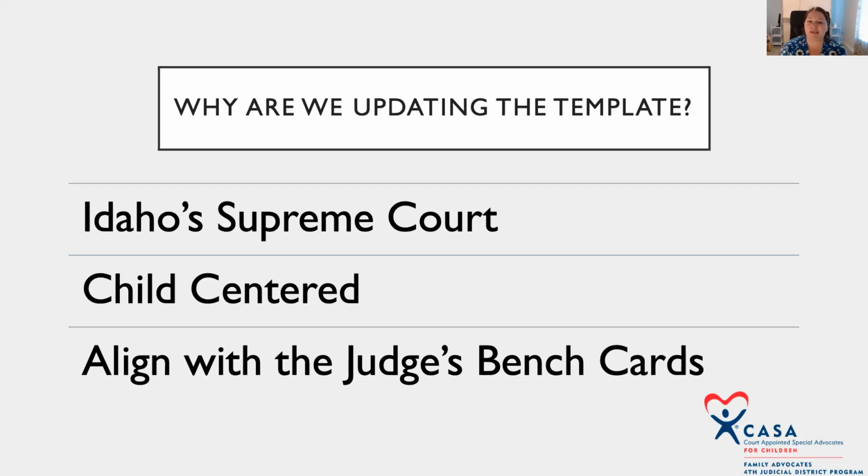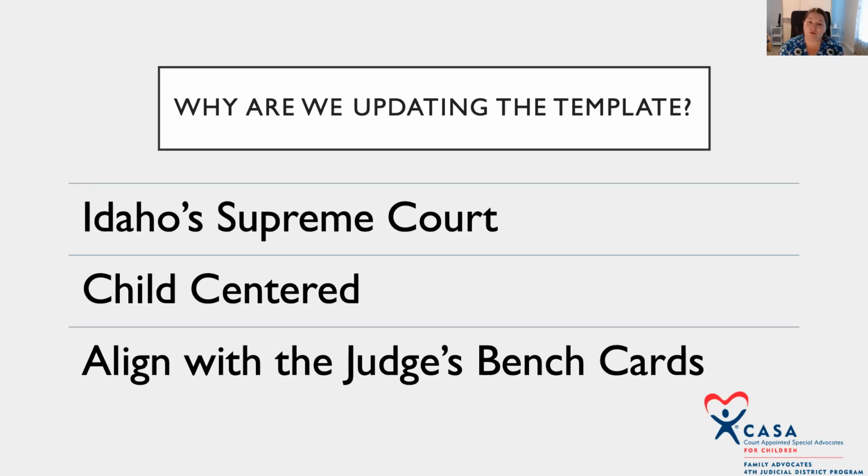This is beneficial in case judges are substituting in another jurisdiction, maybe filling in while someone's out on vacation. They know exactly where the same information is. It also helps if a child were to transfer jurisdictions. That way the new guardian ad litem could pick up and know exactly where to look for that information.